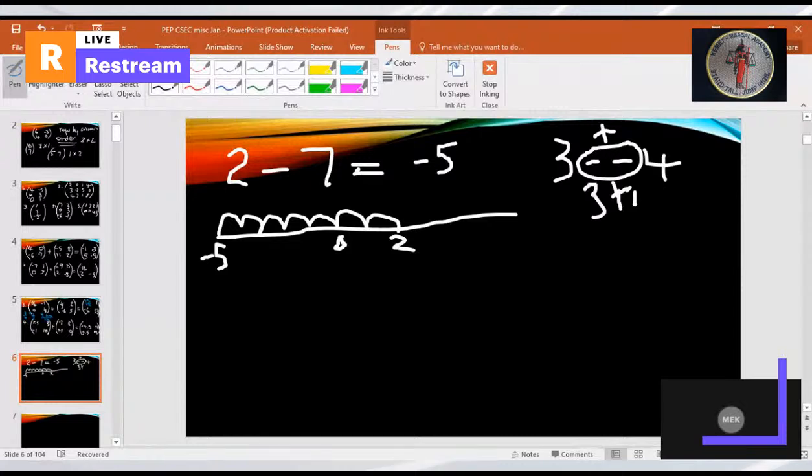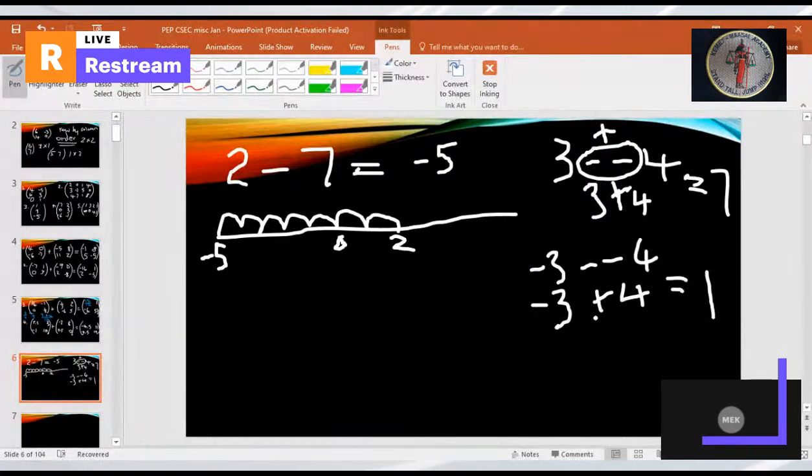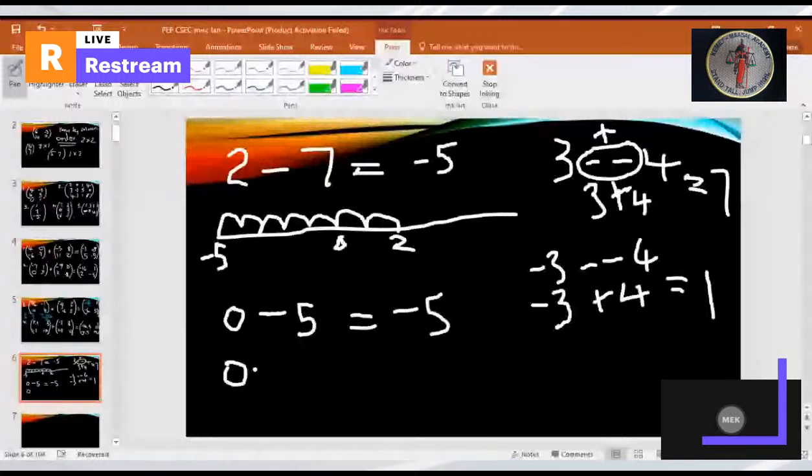So those you have to remember for the subtraction of matrices. Again, also 0 minus 5, so 0 minus 5 is negative 5. But 0 minus negative 5, the minus negative works as a plus.